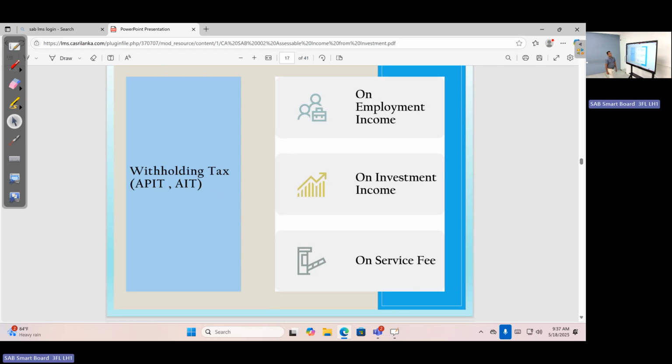So, withholding tax and advance payment of income tax, there are three categories recognized for withholding tax: on employment income, on investment income, or service fees.